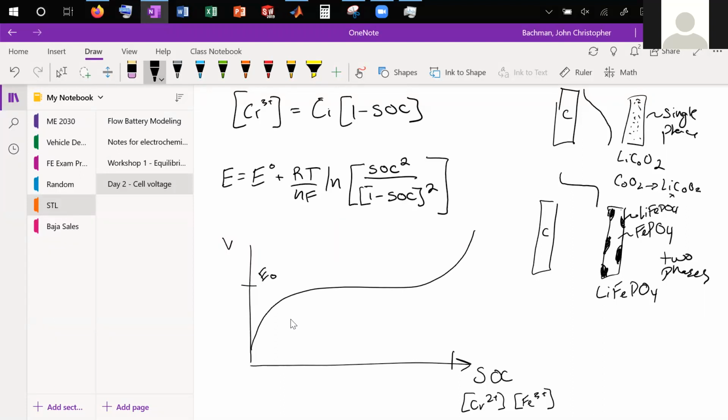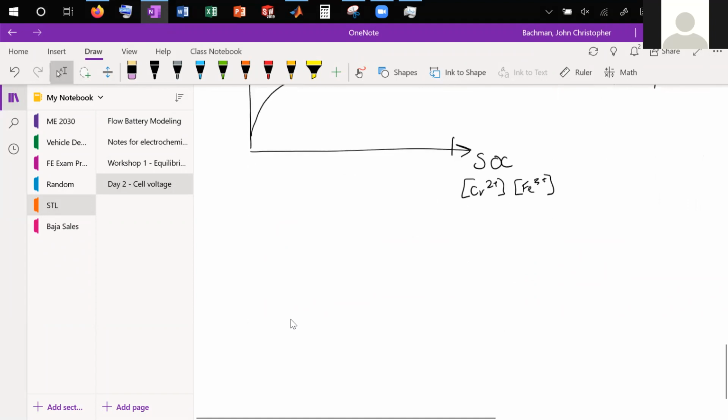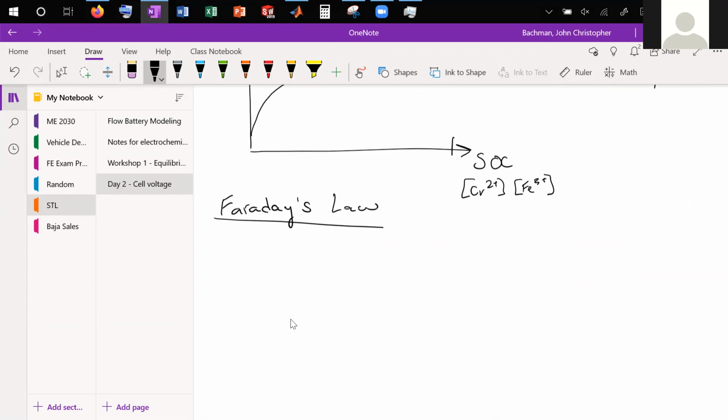Some interesting things to point out about this: in terms of the state of charge, you might be curious how much actual charge that is. So first we should talk a little bit now about Faraday's law. It's one of the other electrochemical principles we're going to use all the time.